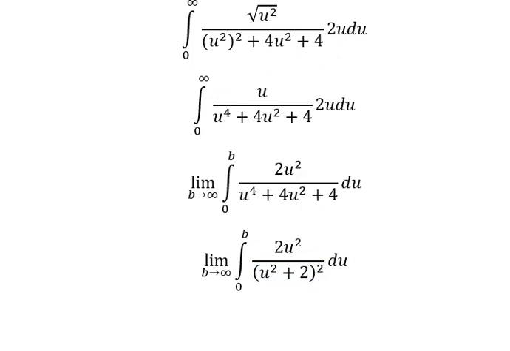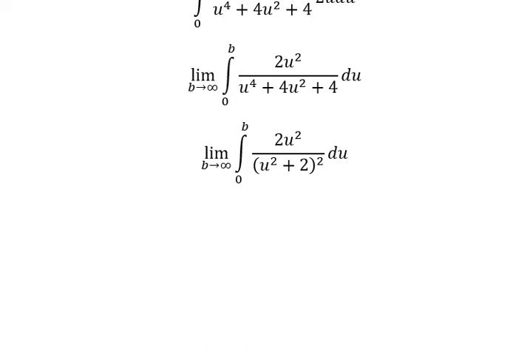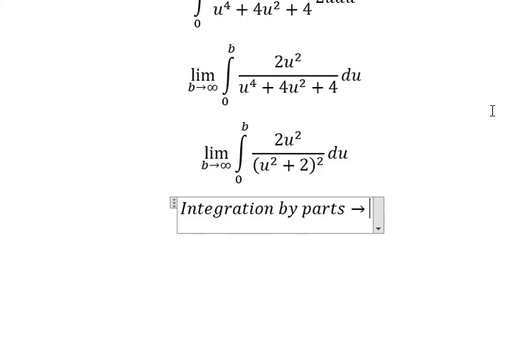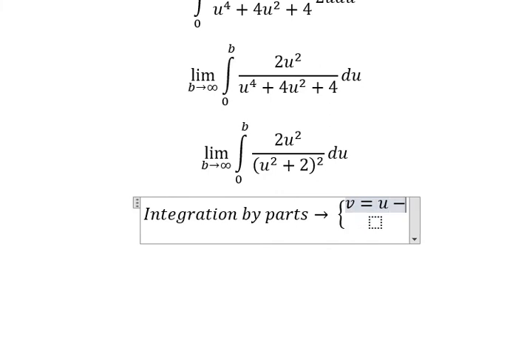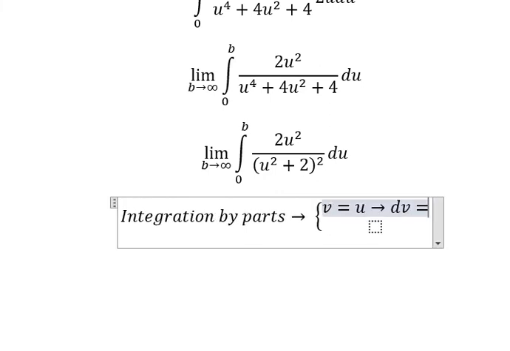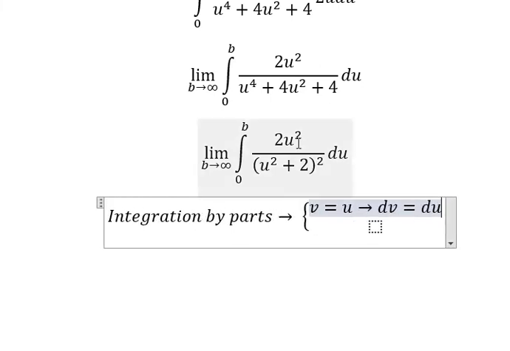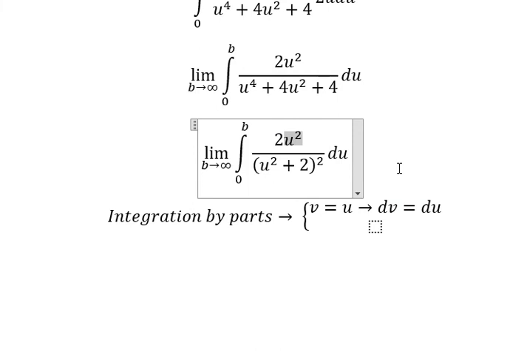Next, we need to use integration by parts. So we have v equals u, so dv equals du, because I need to separate this one into u with u.